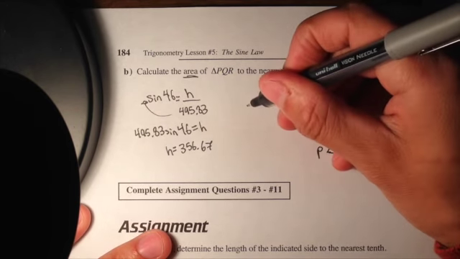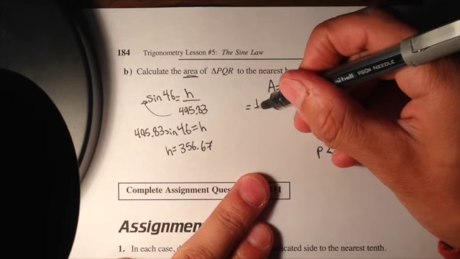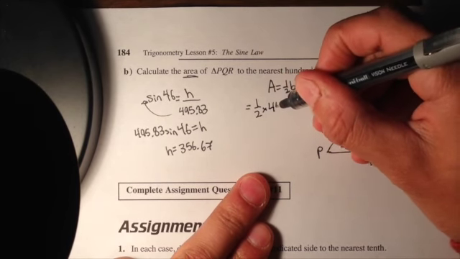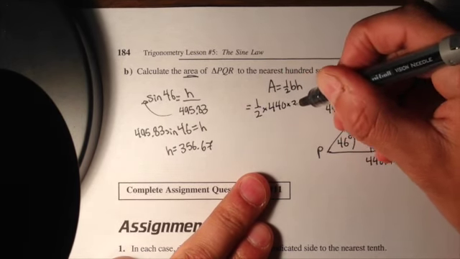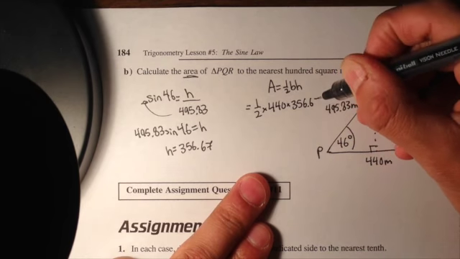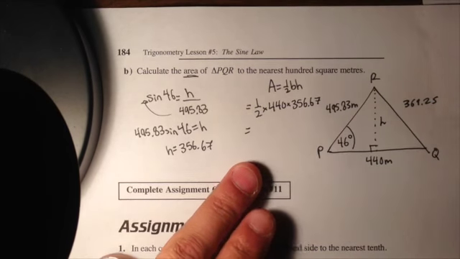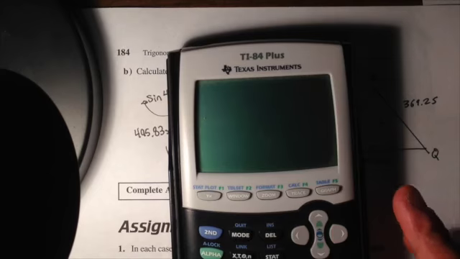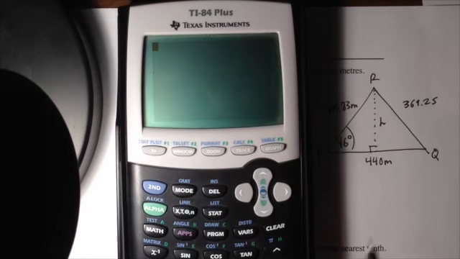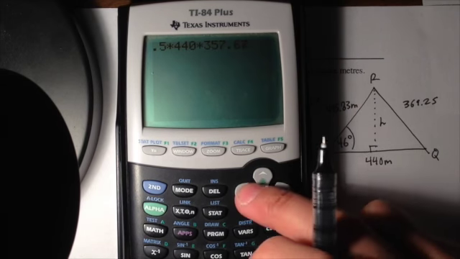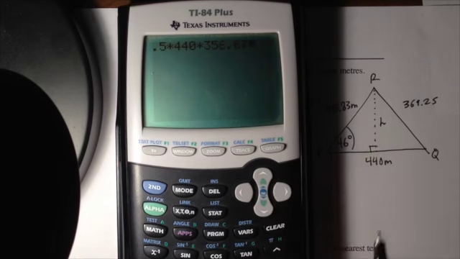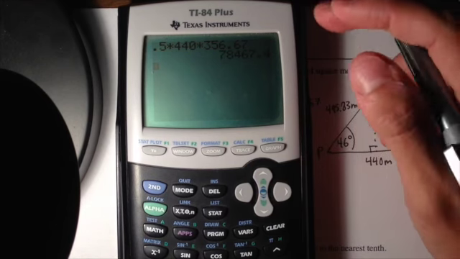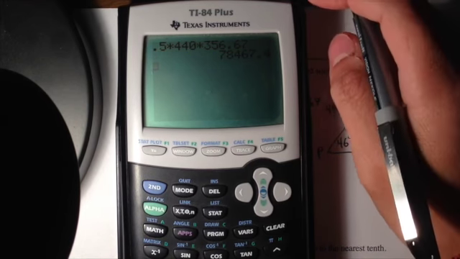And so my area is now going to equal 1/2 times 440 times 356.67. And we want it to the nearest 100 square meters. So let's say 0.5 times 440 times 356.67. I'm going to get 78,467.